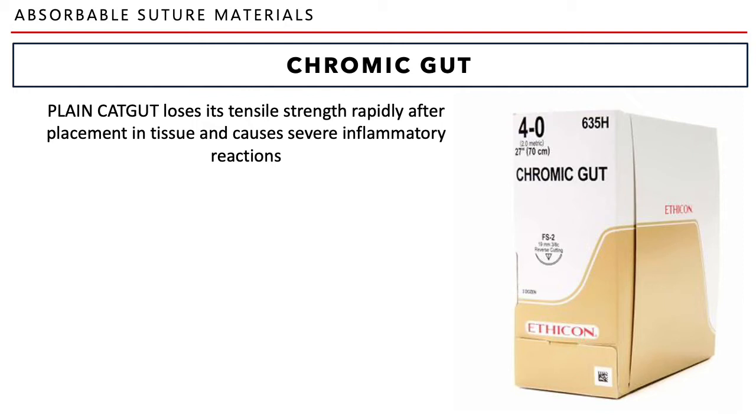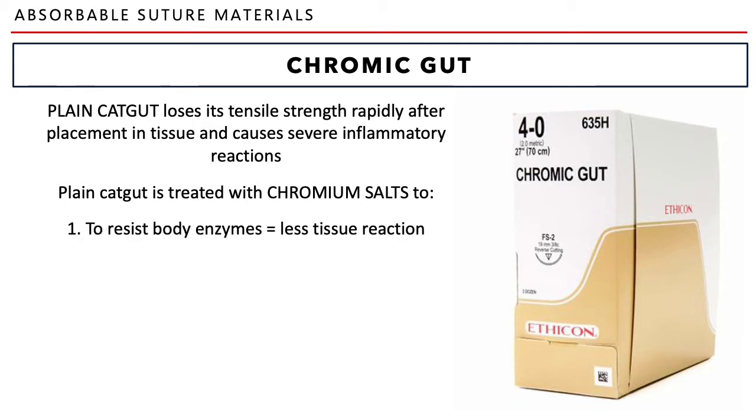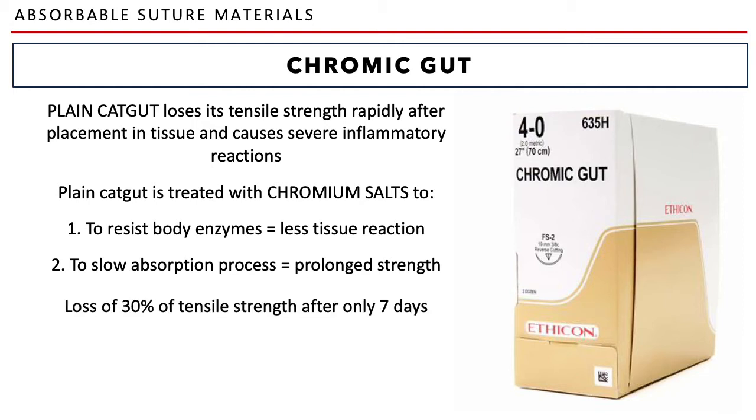Okay? That is why the plain catgut is treated with chromium salts to resist body enzymes, which could cause less tissue reaction and to slow the absorption process, so it renders it to be stronger. Still, there was an observed loss of 30% of the tensile strength after only 7 days, and complete absorption is in 60 days. All right.